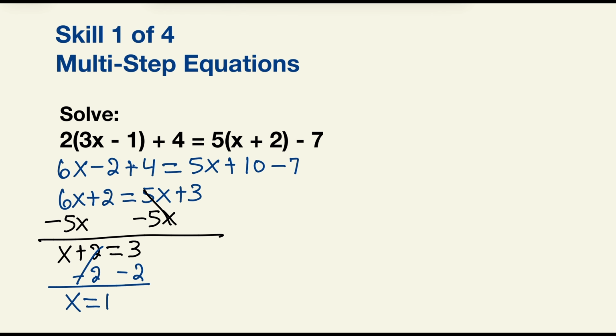And that is 2 times 3 times 1 minus 1, and then plus 4 equals 5 times 1 plus 2 minus 7. Okay, so be careful here.